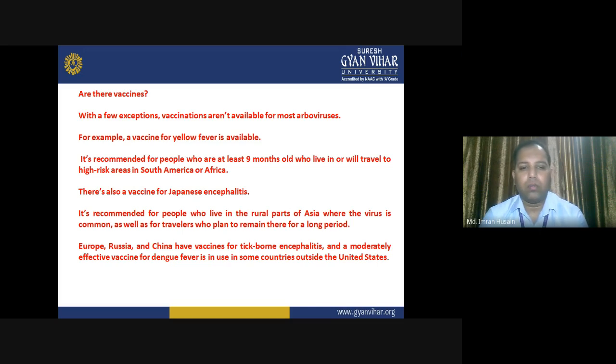Europe, Russia, and China have vaccines for tick-borne encephalitis, and a moderately effective vaccine for dengue fever is in use in some countries outside the United States. So scientists have also formulated a vaccine for the dengue virus.